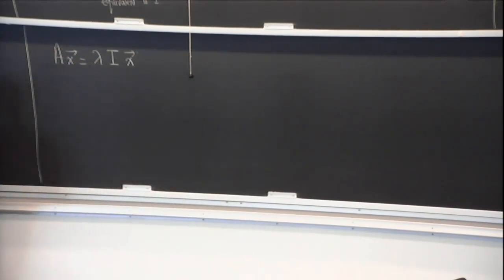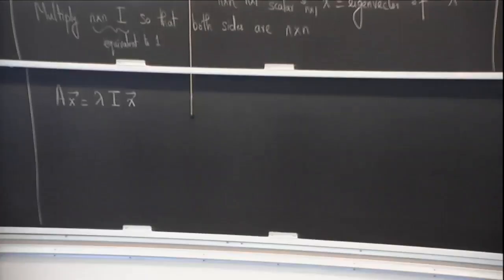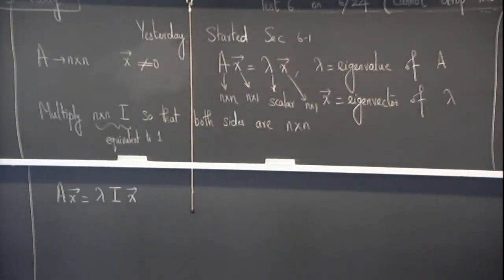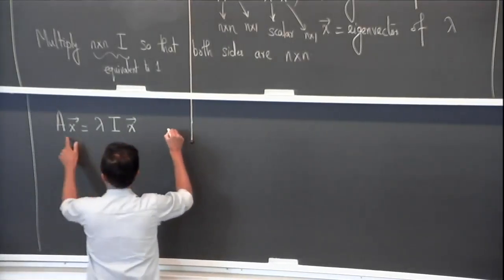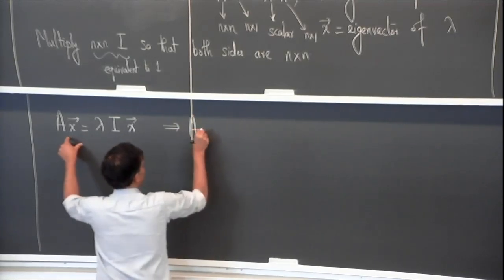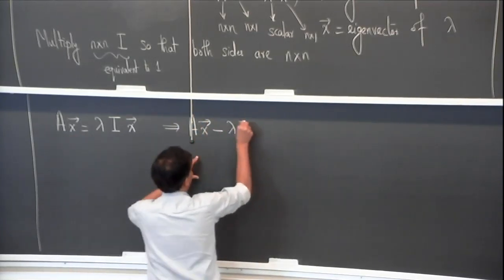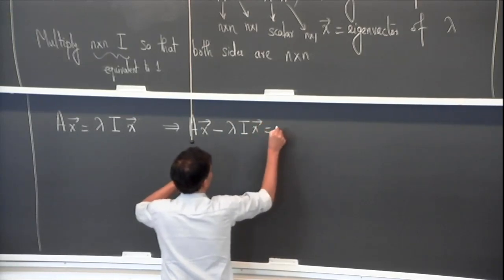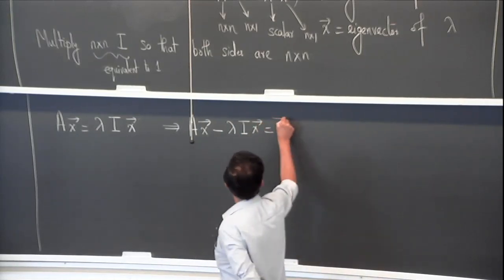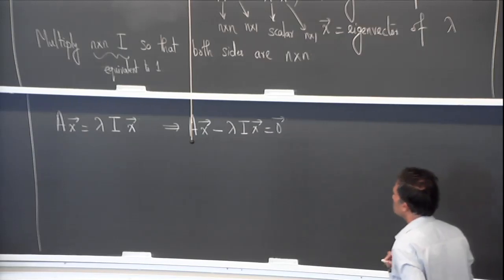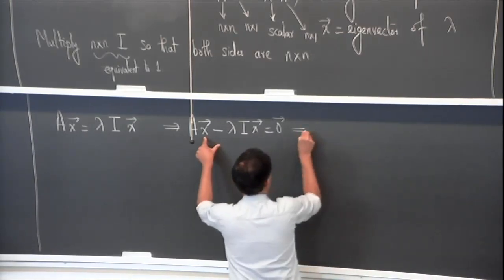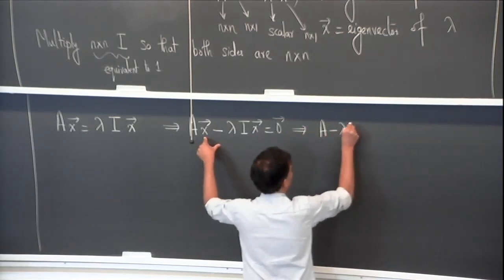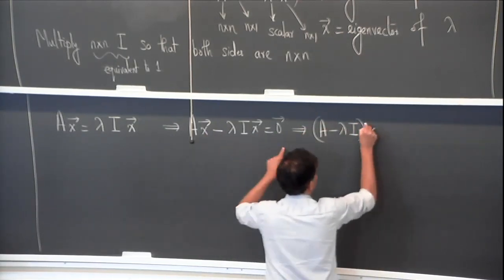Sorry if you cannot see, let me just bring this to the left hand side, you get Ax minus lambda I times x equal to 0. And you can factor out an x out of these two terms, so you have A minus lambda I times x equal to 0.